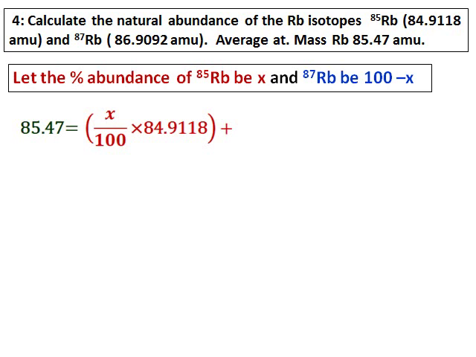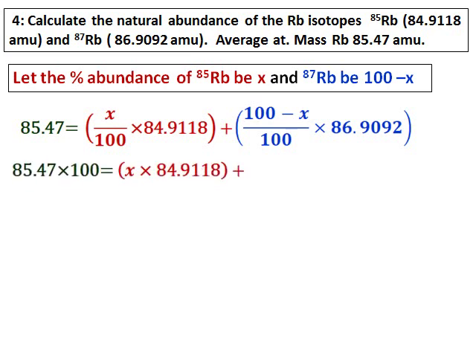So now the whole question becomes simple. I have the percentage abundance as X and 100 minus X. Substitute it into the equation which we normally use, and then solve for X. And just be careful while you are solving for X. In order to remove the 100 from the right hand side, an easier way is to multiply the whole equation by 100.